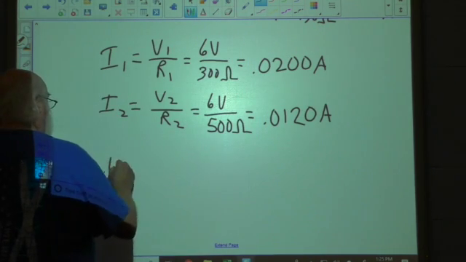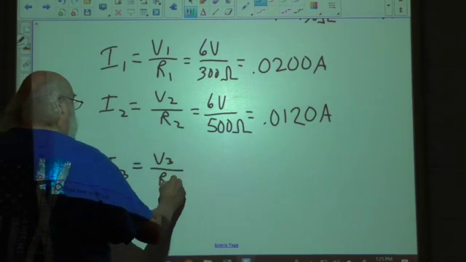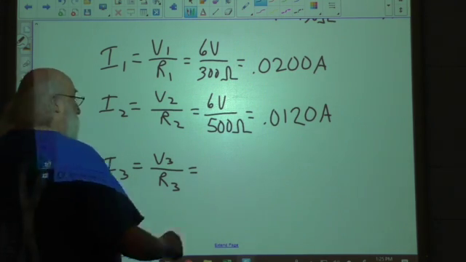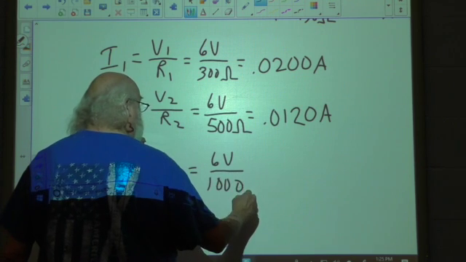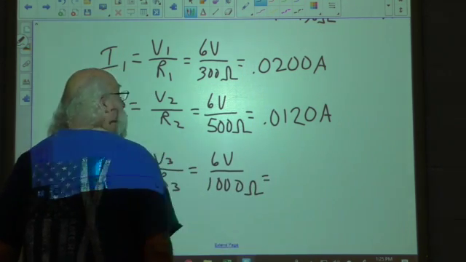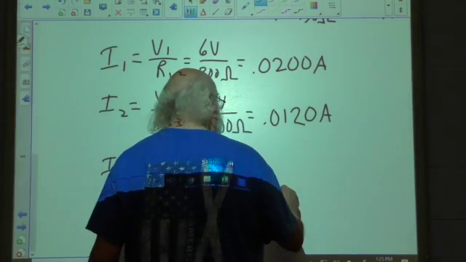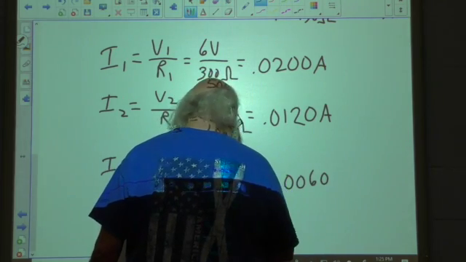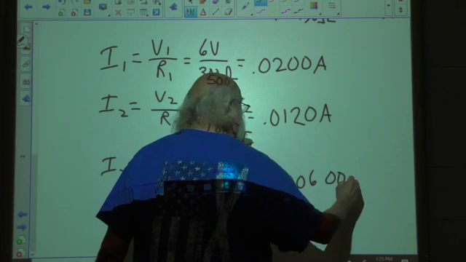And I3 is equal to V3 over R3. This is going to be 6 volts again, over 1,000 ohms. And this is going to give us 0.006000 amps.